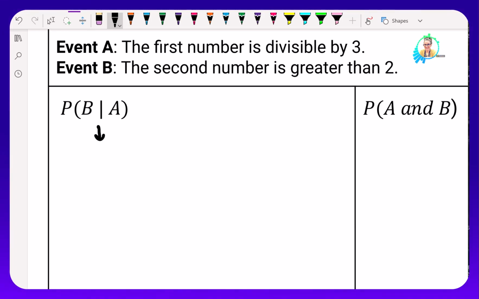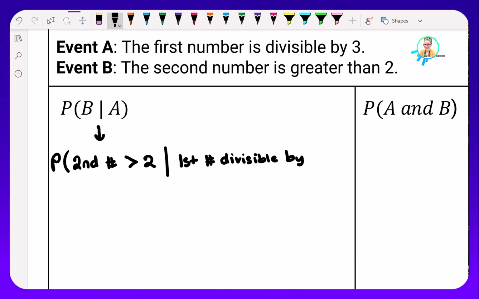So we're going to say the probability of B, the second number is greater than 2. I'm using symbols here to help me write it out. Then I'm putting my vertical line, and my condition is the fact that I have a first number divisible by 3. So this is my condition.